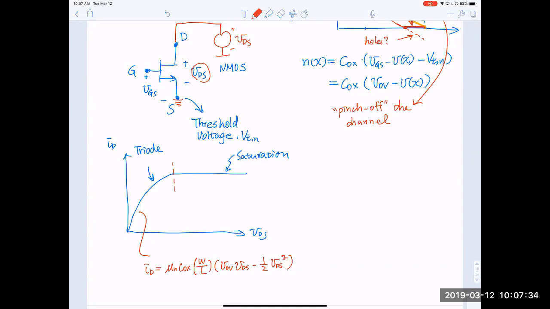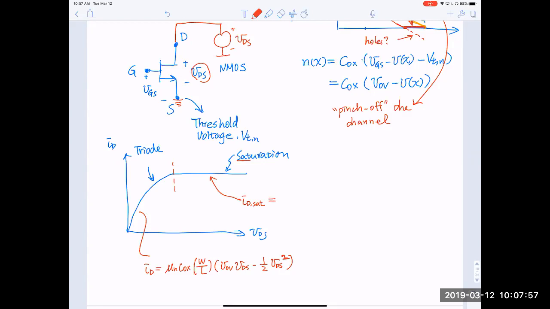After it reaches maximum, it enters what is called the saturation region. So this current is called ID sat, where sat stands for saturation, and we just substitute VDS by V overdrive.